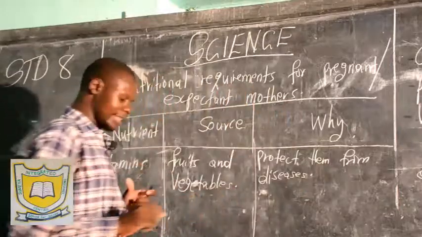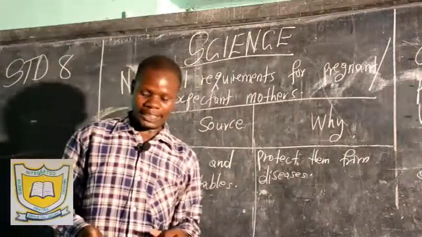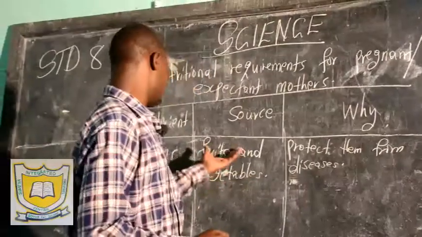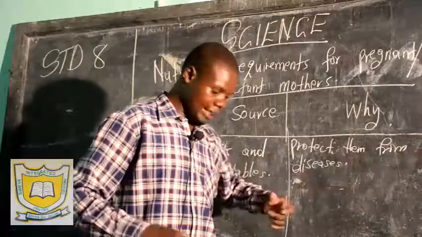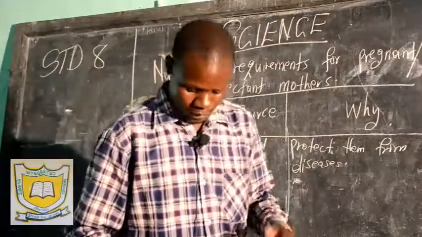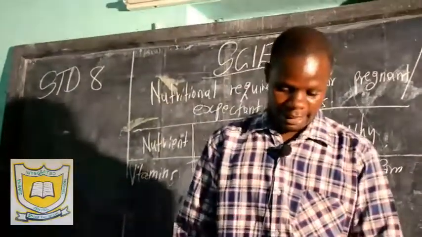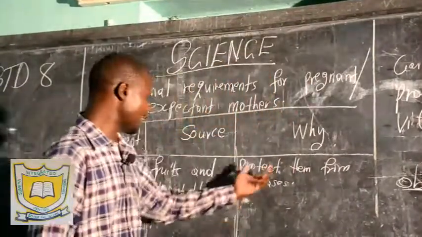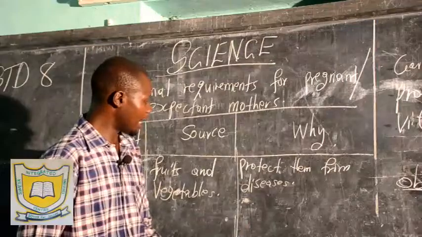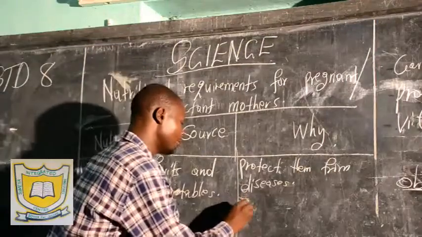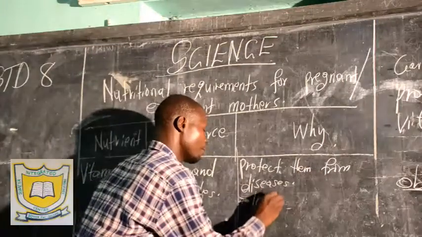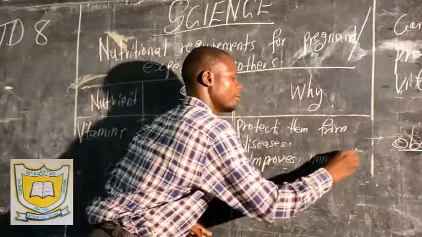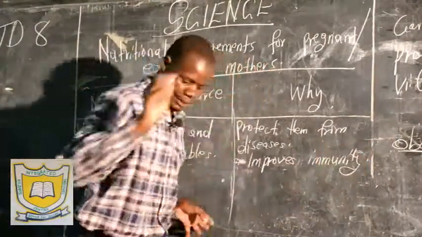I said vitamins are the foods that protect the body against diseases. So as they take fruits and vegetables, the immunity of the body improves and you cannot find that they are sickly. We also talk of protecting the body from disease, which means improving immunity.